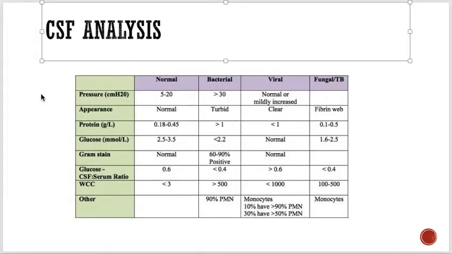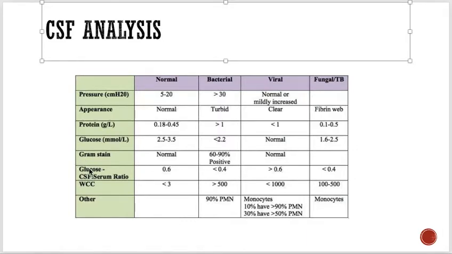Now CSF can be obtained by lumbar puncture, and we can perform a number of tests on it. For example, we can check the pressure, the appearance, how much protein and glucose there is, and Gram staining to catch different organisms.